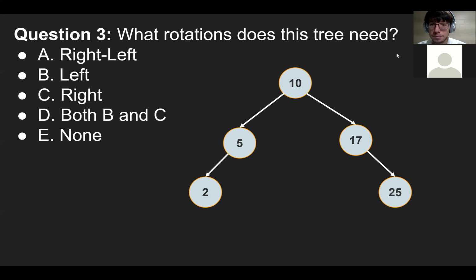Right, or you do a right and a left. I don't think it matters which order you do them in. So okay, D. Okay, let's actually go through this.